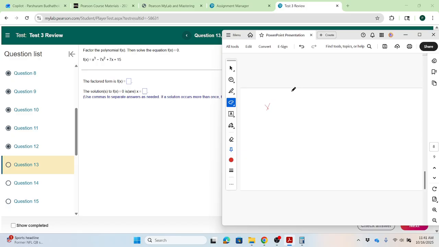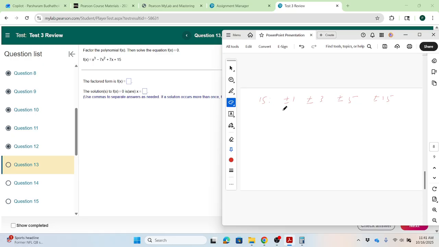I can use the rational zero theorem, and for that I have to use the factors of 15. Factors of 15 are plus minus 1, plus minus 15, plus minus 3, plus minus 5. These are the options. And the coefficient of x cubed is 1, so the factors of 1 are plus minus 1. So if there are any rational zeros, these are the potential zeros.